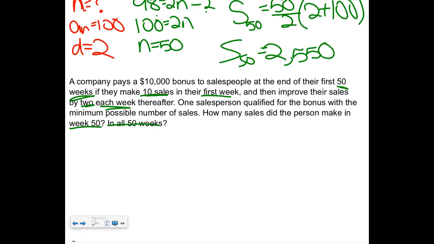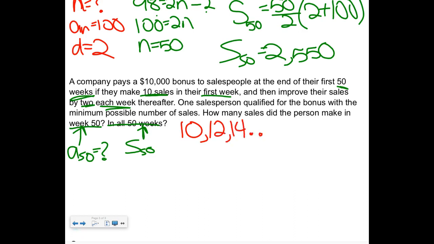Okay, there's a lot going on here. So this one, we want to know what is A50, so meaning what is our AN. And this question is, what is our S50. All right, so our pattern here, ladies and gentlemen, is we have our first week was 10, and they're adding 2. So it'd be 12, 14, dot, dot, dot.